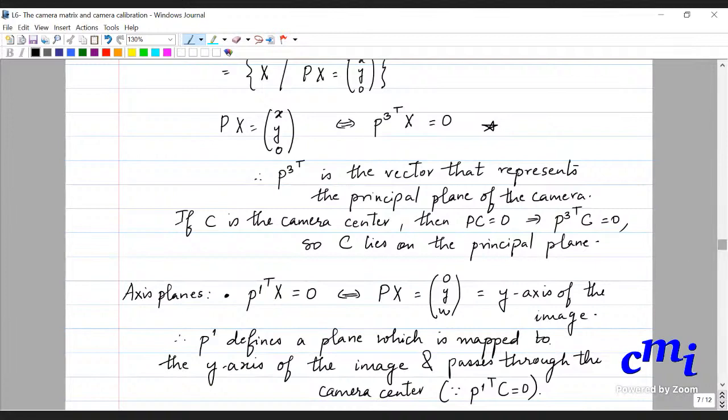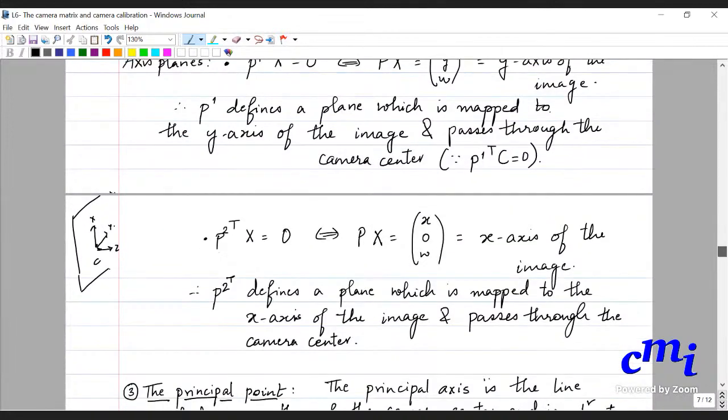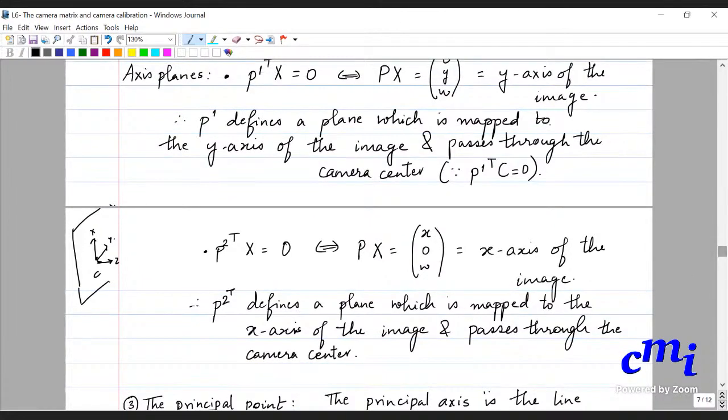Similarly, P2 transpose x is 0 if and only if the second component is 0. So in the image, this means the x-axis. And so on. In this way, the three rows give you these three planes. The third row gives you the principal plane, and the first and second rows give you the remaining two planes in the camera coordinate system.